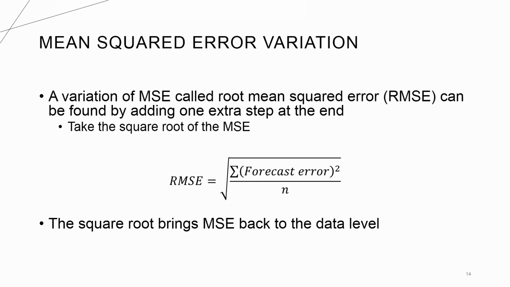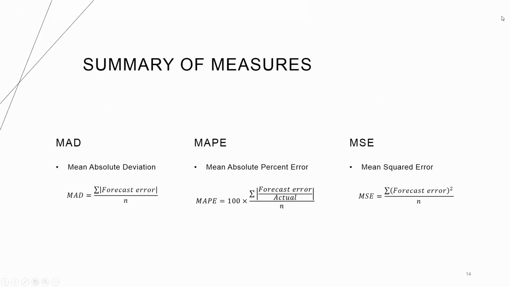But mostly we're just focusing on comparisons. So bringing it back to the data level is not super important. If I have 2 numbers and I'm comparing them, it doesn't matter if I take the square root of both of them. Whichever one was bigger is still going to be bigger after I take the square root.